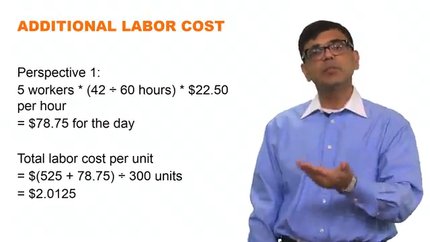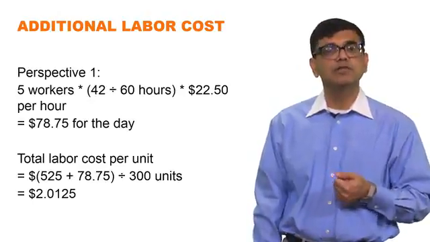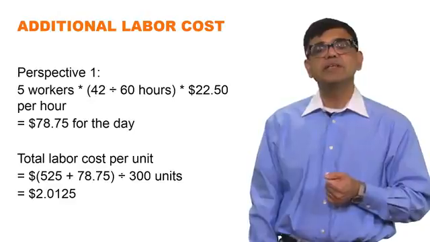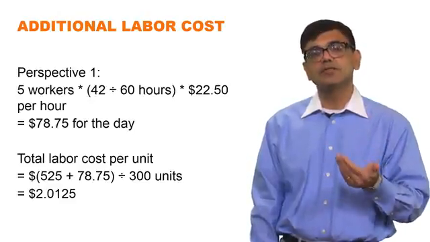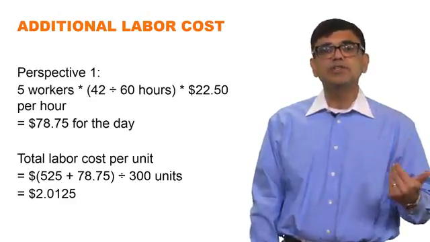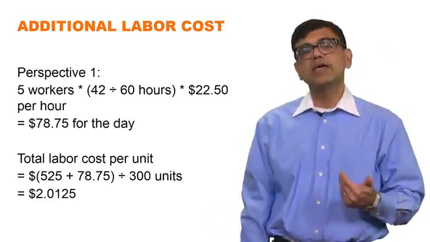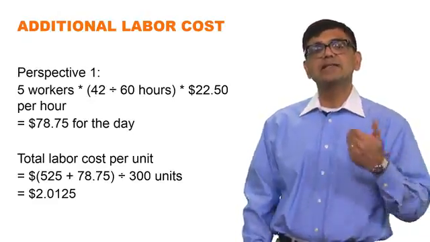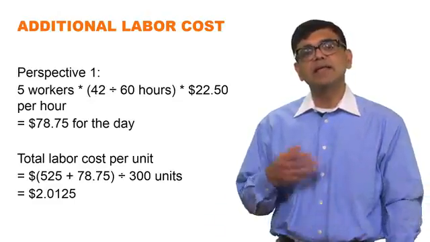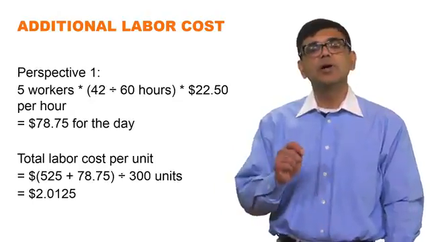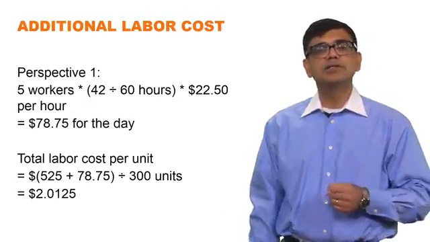It's 50% more than the usual rate of $15, so it's $22.50, and that gives us $78.75 additional cost for the day. So the original cost of paying the employees for the full 7 hours is $525. You add the $78.75, and that gives you the total cost for 300 units. So a per unit cost of $2.01.